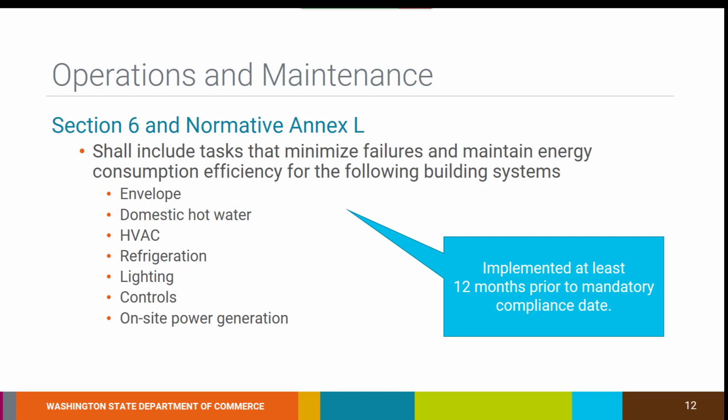This document will also be submitted to Commerce through Form A. The O&M program requirements can be found in Section 6 and Normative Annex L of the standard and shall include tasks that minimize failures and maintain energy consumption efficiency for the following building systems: the envelope, domestic hot water, HVAC, refrigeration, lighting, controls, and on-site power generation.